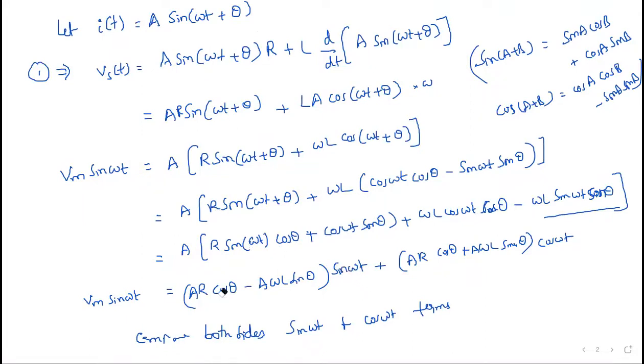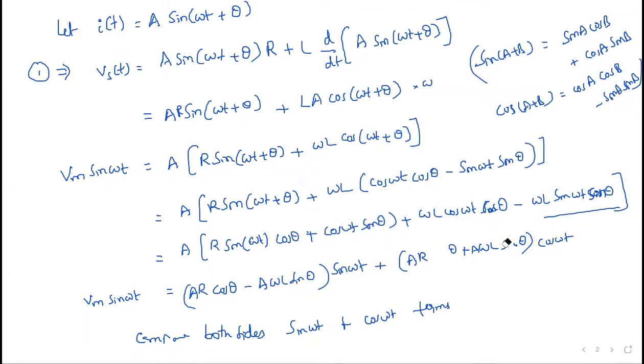Then here it is cos theta. Then here cos omega t. Sorry. Here this term and this term we should take common. Here it is sin omega t. That is correct. Then here this term sin theta, this term cos theta, right?